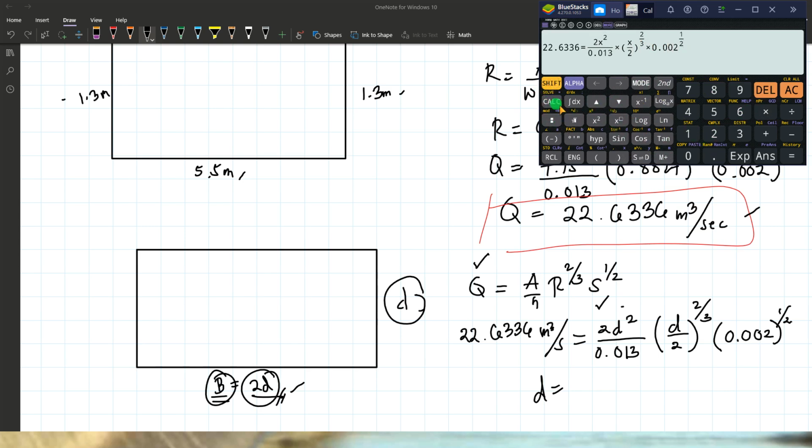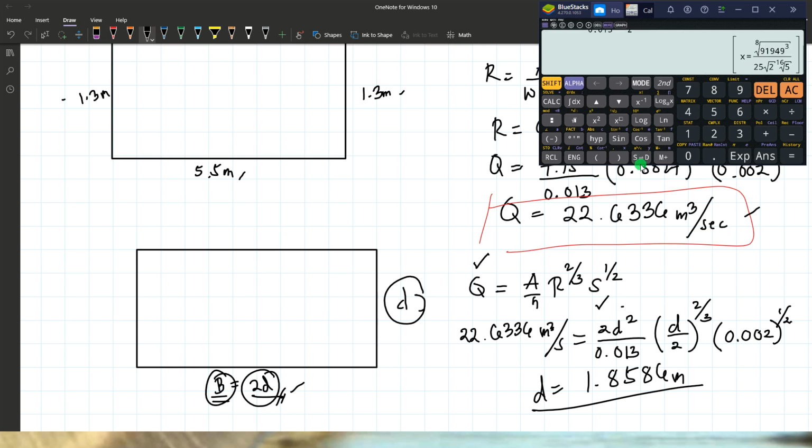Okay, let's solve for the unknown variable D. So the D is 1.8586 meters. That's the depth.